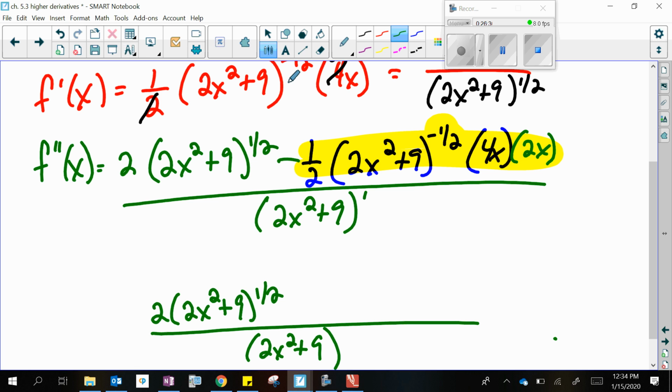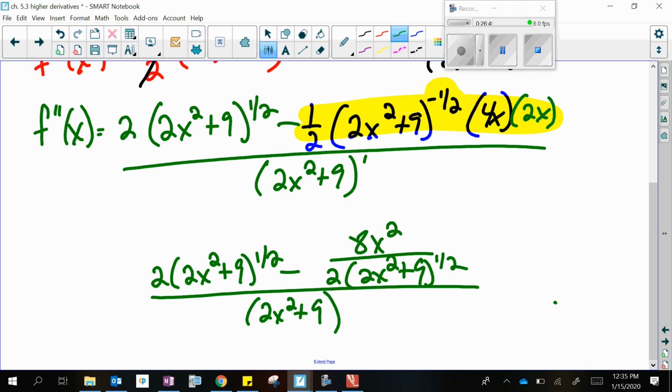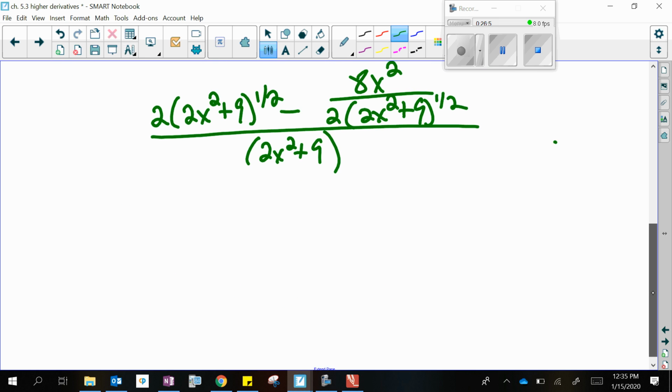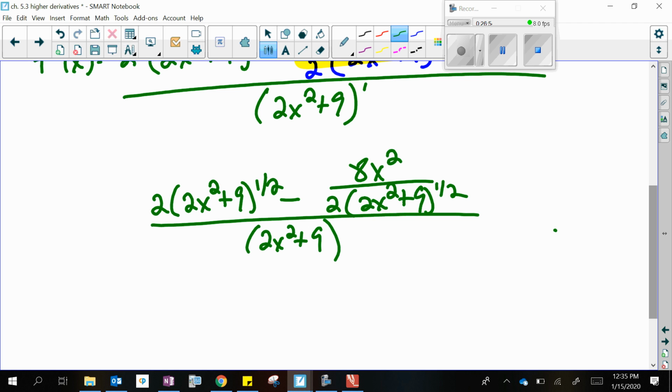In other words, because of this minus sign, well, let me write it out. This becomes minus 8x squared over 2 times 2x squared. Okay, so take a look at that. We've done this before, but we haven't done it for a while. That make sense?